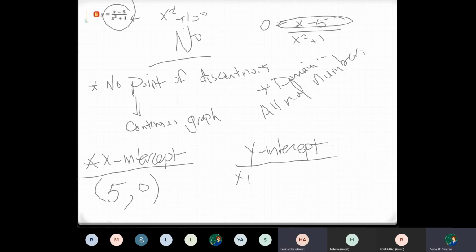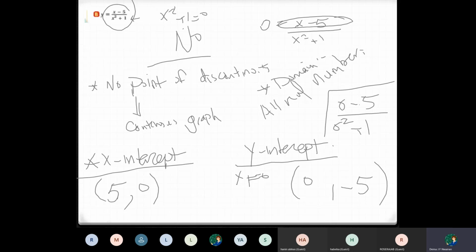The y-intercept means that x is 0. So 0 and something. Now substitute x with 0. It will be 0 minus 5 over 0 squared plus 1. Negative 5 over 1 is negative 5. So these are now the y-intercept and the x-intercept.